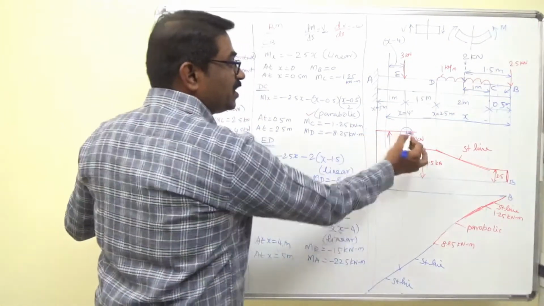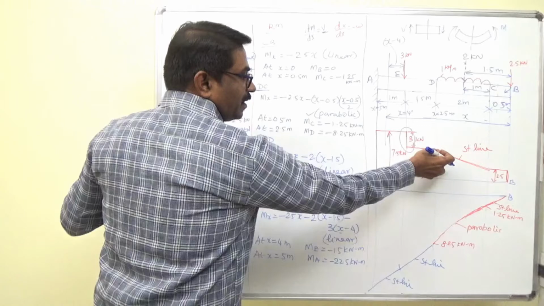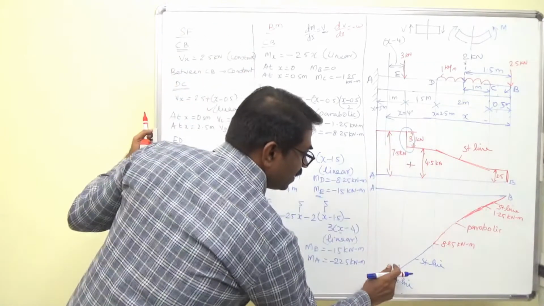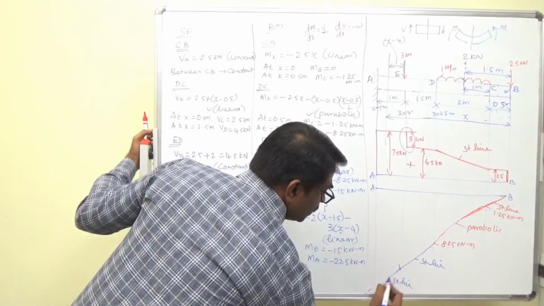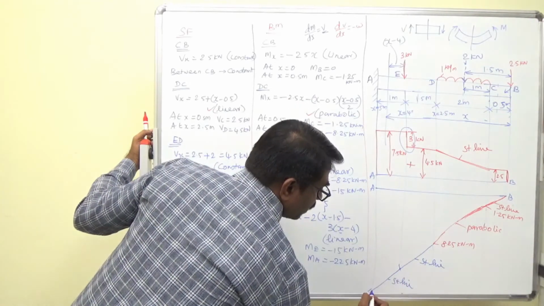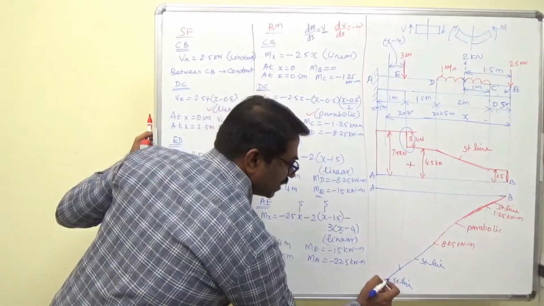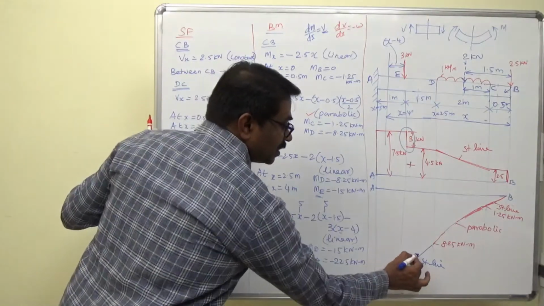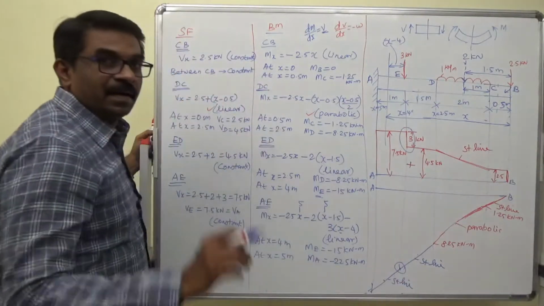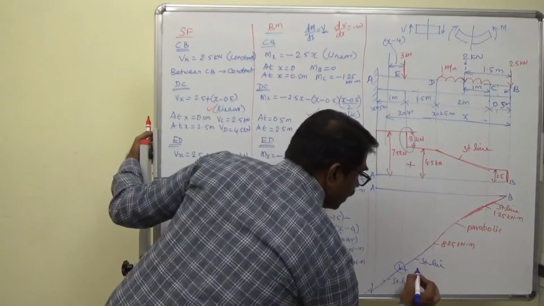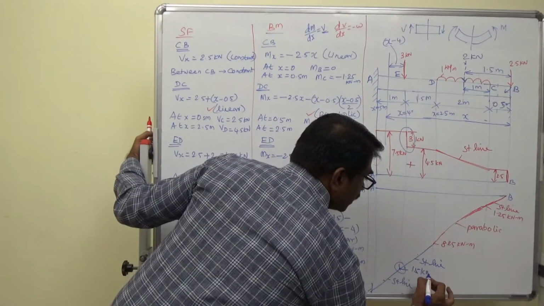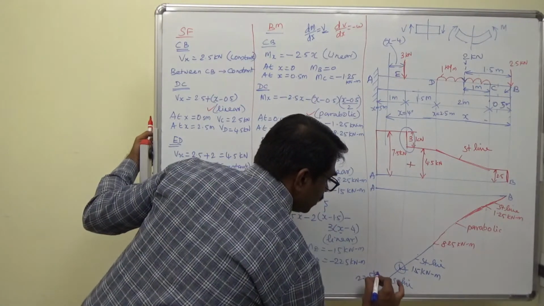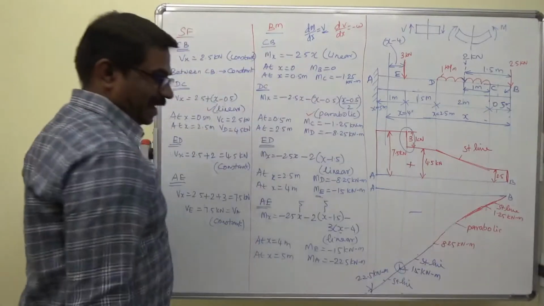Definitely there is a change in the slope. The shear force value is increased, so there will be a change in the slope. No space, that's why I have drawn it here like this, but there will be a slope difference. This slope and this slope are different, and here the value is 15 kilonewton meter, and here the value is 22.5 kilonewton meter. All are negative.